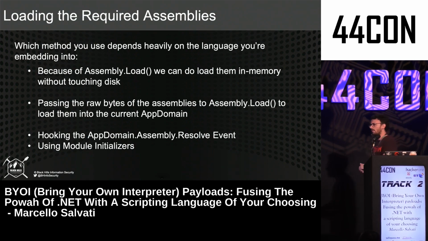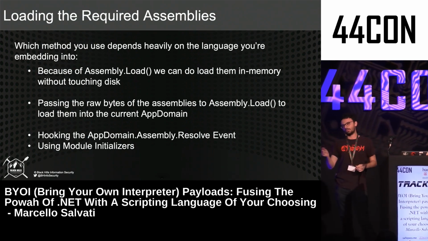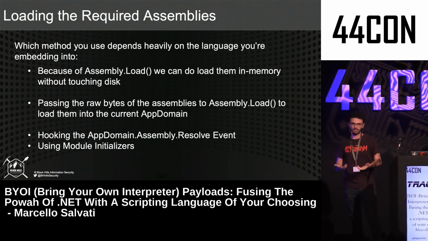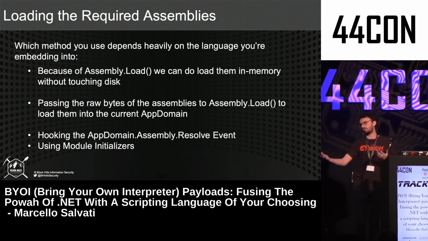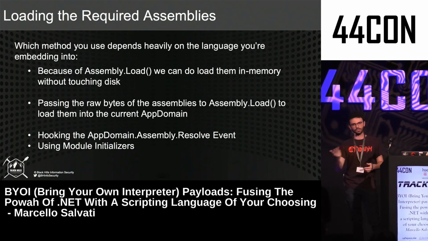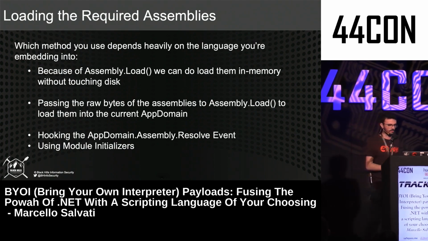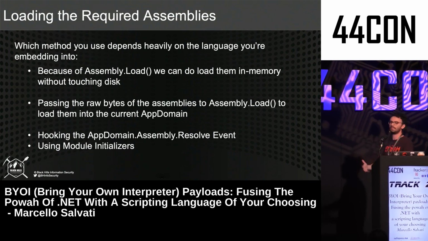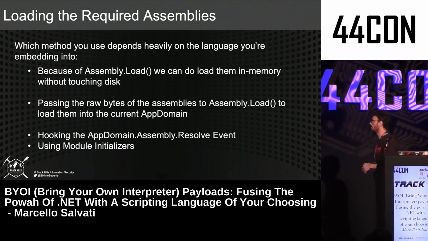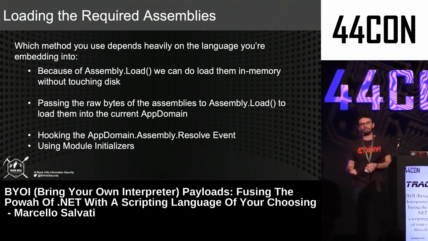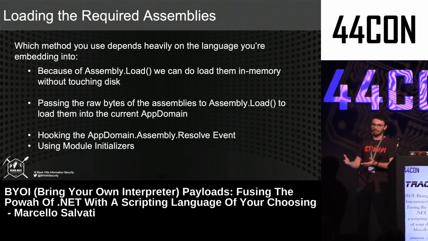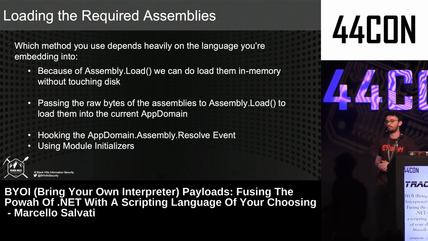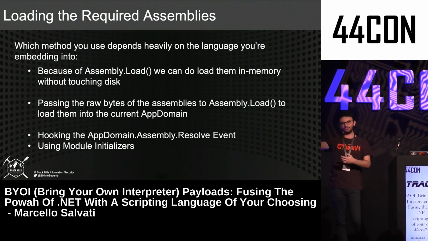Like I said before, the biggest problem you're probably going to run into is that those DLLs aren't present on Windows by default, right? So IronPython, for example, requires 4 DLLs to run. Boolang requires 3. ClearScript, which I'll be talking about, requires 1. So the problem is, how do we get these to load at runtime, right? Well, thankfully, .NET provides us with the AssemblyResolve event, okay? So you can hook this event in .NET and put any logic you want into it, okay?